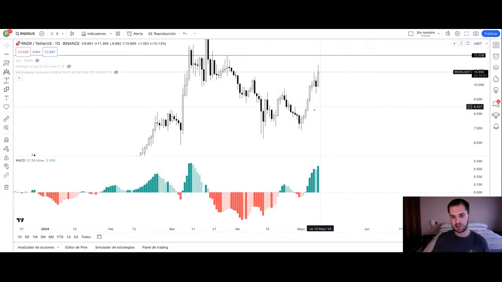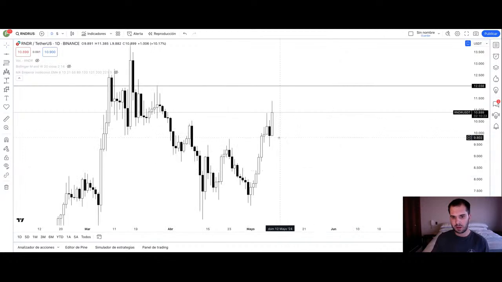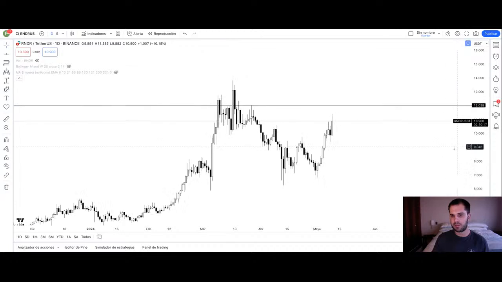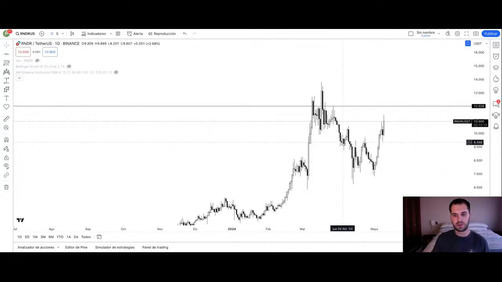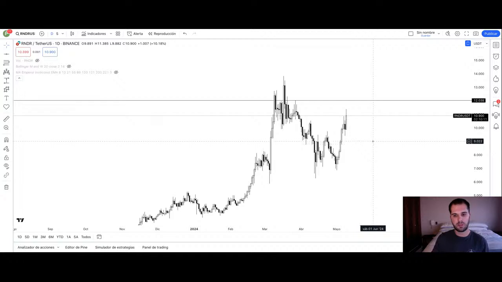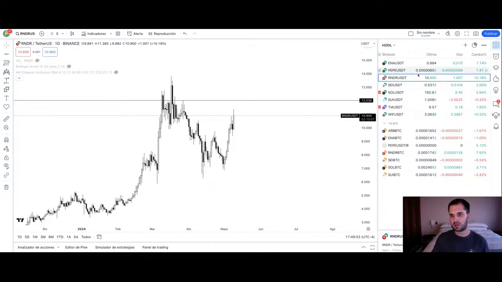So that's quite impressive. Bullish, positive momentum building on the MACD histogram, and just a huge candle to the upside. So if the market continues to rip, you can expect Render to keep outperforming most of the altcoin sector.